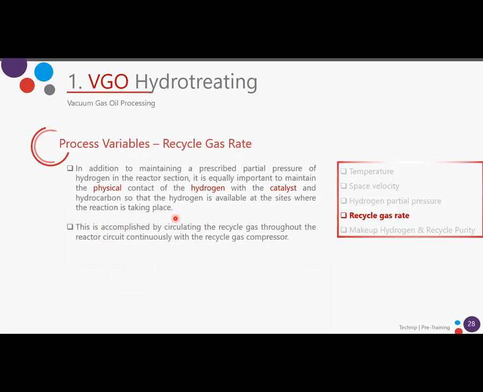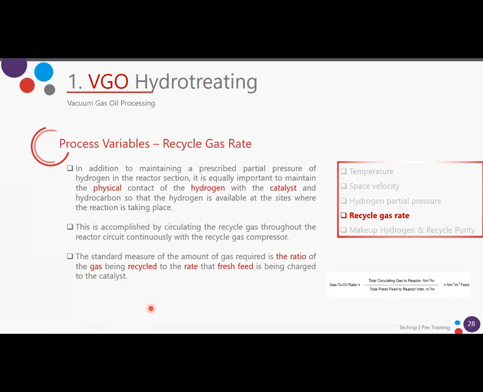So you have to keep the partial pressure, but also you have to have a good recycle rate to maintain the appropriate content of the hydrogen with the catalyst and hydrocarbon. Okay. The standard measure of the amount of gas required is the ratio of the gas being recycled to the rate that fresh feed is being charged to the catalyst.